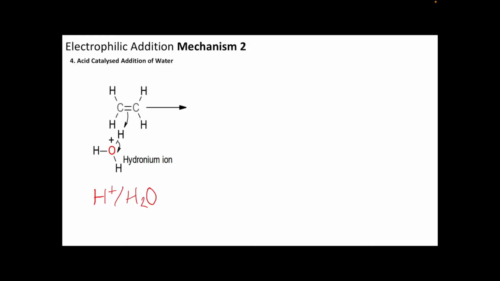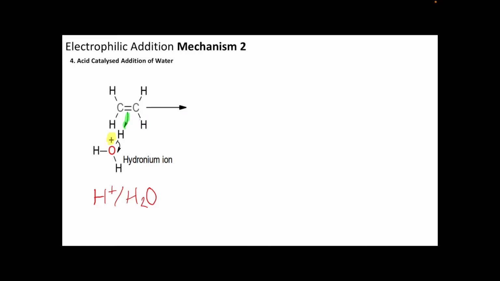And that means that hydronium ion has now got a positive charge, and that is our electrophile. So our electrophile in this case is the hydronium ion. And we say it attacks the carbon-to-carbon double bond. Although we can see what is really happening is, once again, the pi electrons from the carbon-to-carbon double bond are forming a bond with a hydrogen.